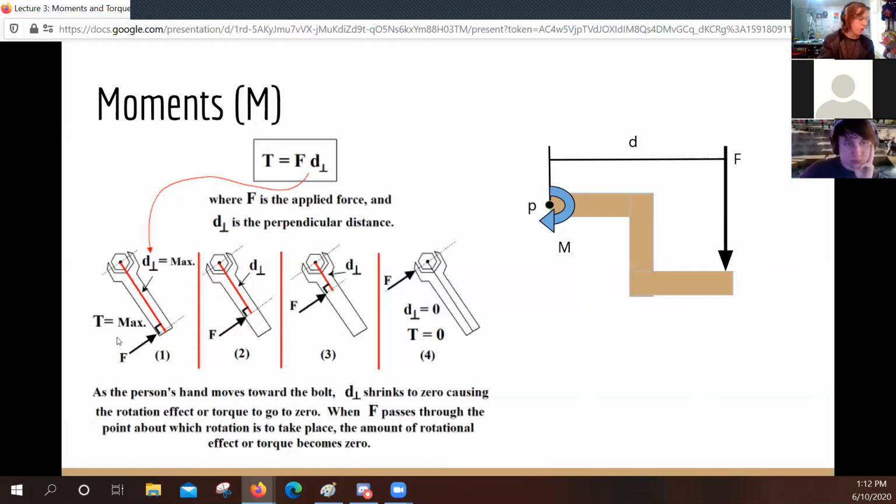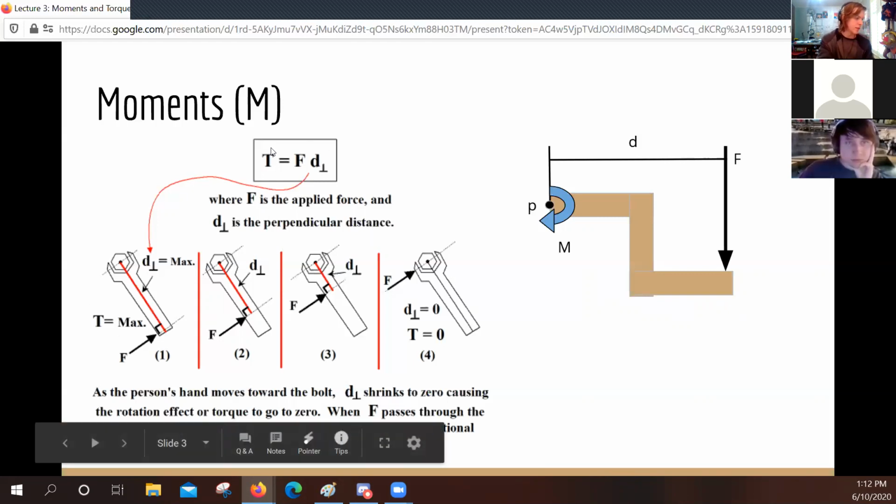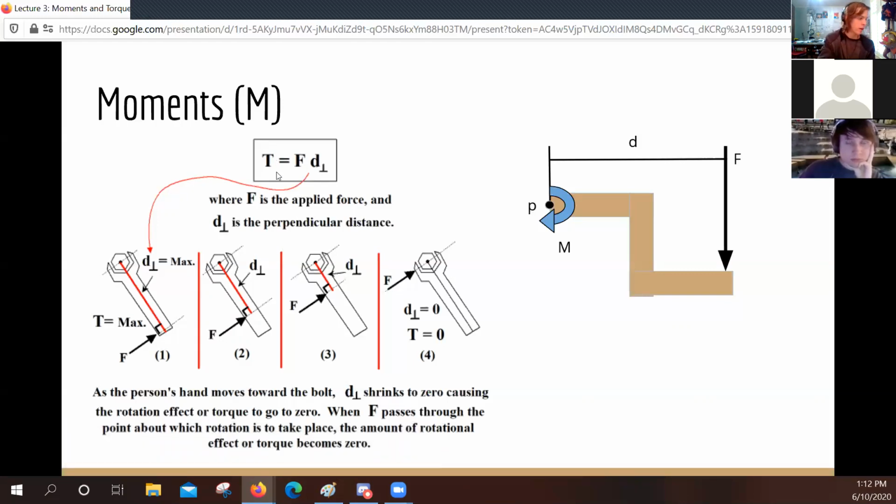So the way moments work, because T or M, either one, moment or torque, depends on what you're doing, is force times distance. If force gets smaller, the moment gets smaller. If distance gets smaller, the moment gets smaller. If they both get bigger, the moment gets bigger. It's a direct relationship, but scaled.